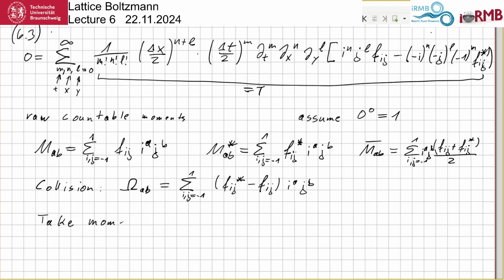We cannot only take moments of the populations, but we can also take moments of the equation. So what does this mean? We'll take this equation 6.3, which on the left-hand side is 0, and then we do the sum over i and j from -1 to 1 of this entire thing T.